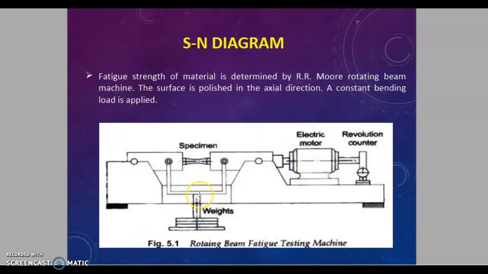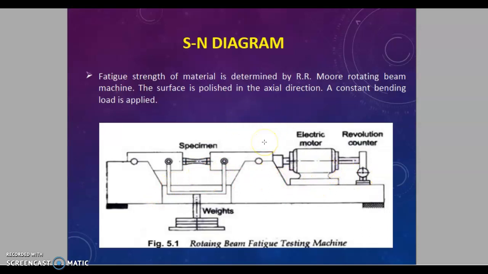So the graph of strength, where strength means the load which can be sustained by a specimen, versus the RPM, that is strength versus number of revolutions, strength versus N, is the S-N diagram.